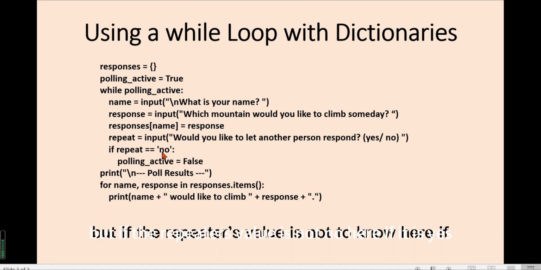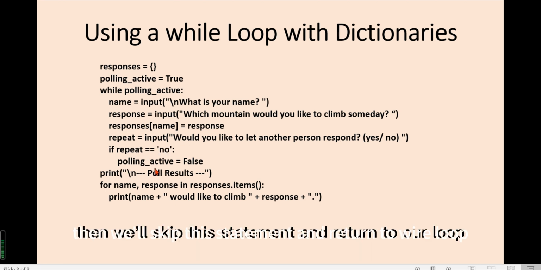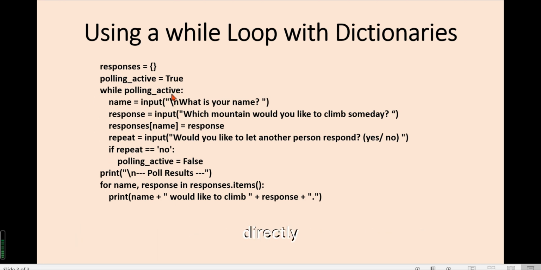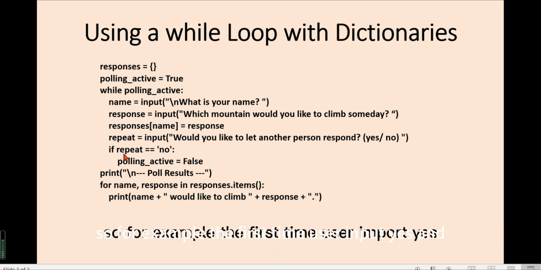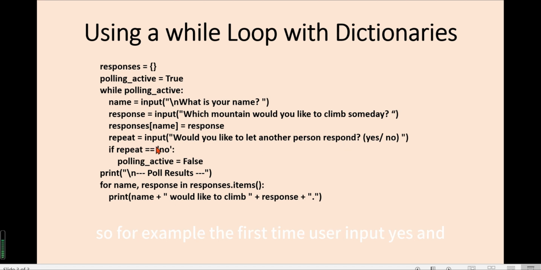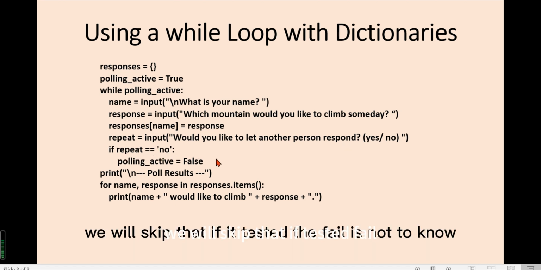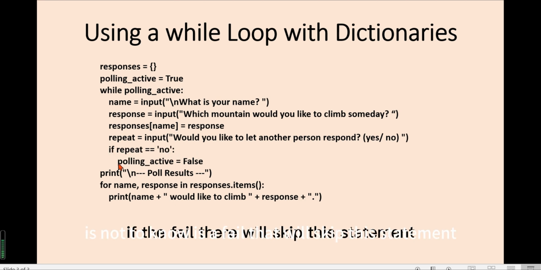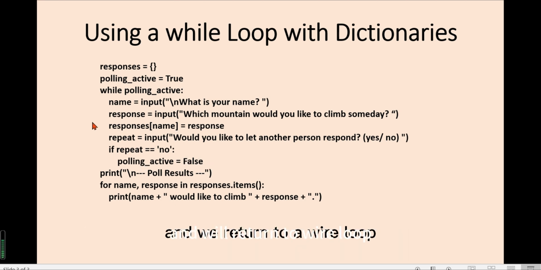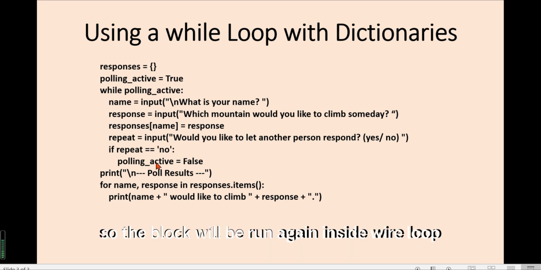But if the repeat value is not no, here if it is yes, then we'll skip this statement and return to the while loop directly. For example, the first time the user inputs yes, the if test fails, it is not no, so we skip this statement and return to while polling_active. Because polling_active is still True, the block will be run again inside the while loop.